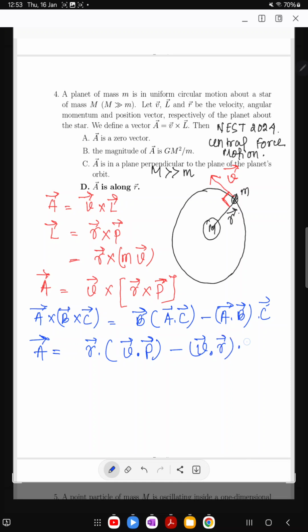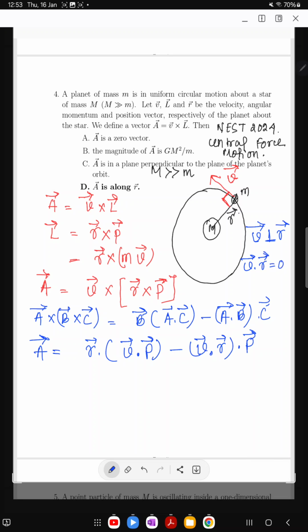As we know, the instantaneous velocity is tangential to the radius vector r, so the angle between them is 90 degrees. So the dot product V dot R will be 0.